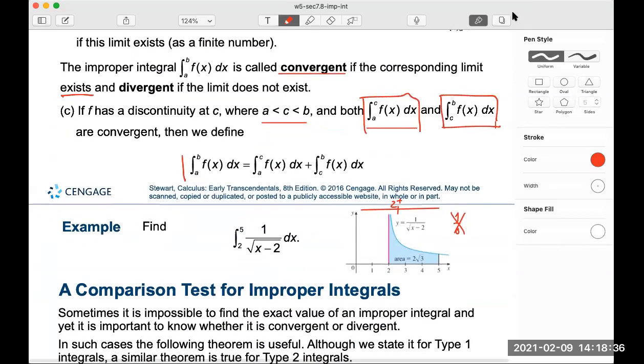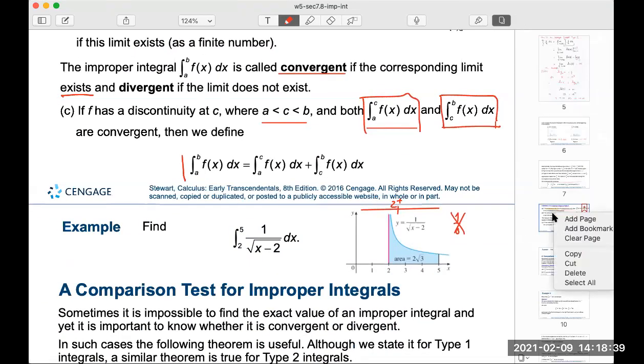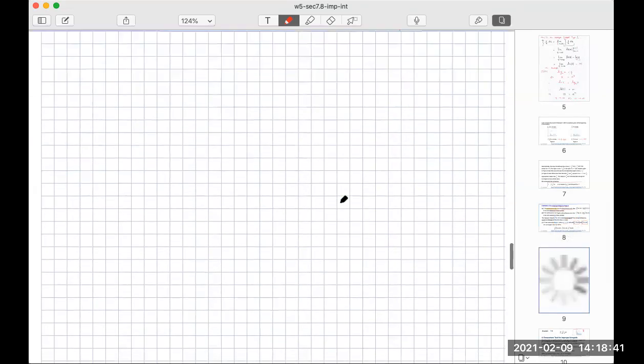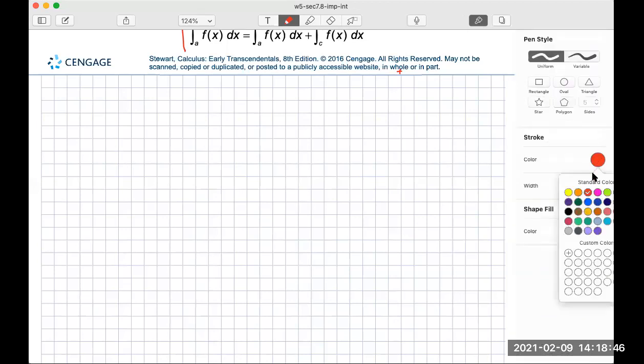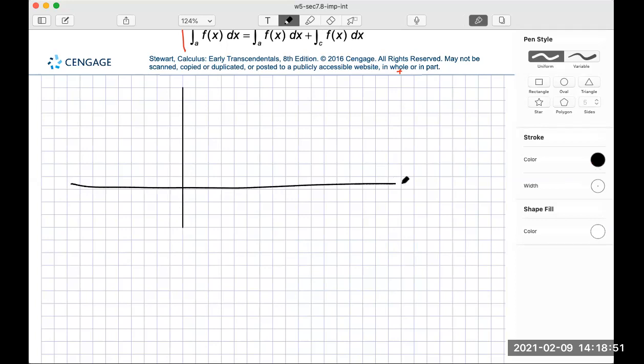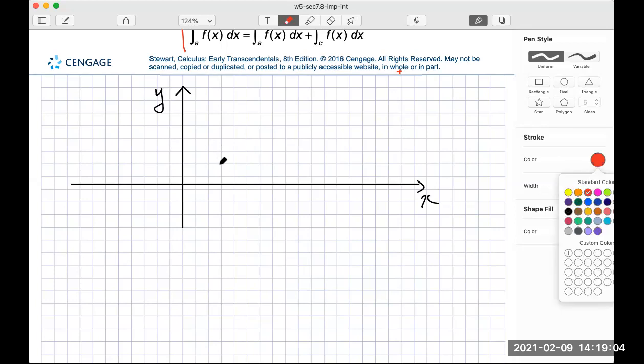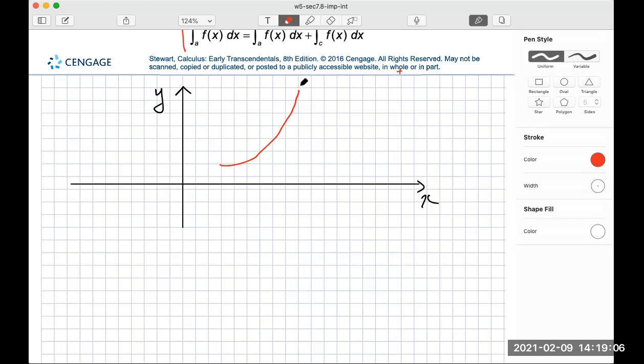The idea is that, if this is the x-axis and this is the y-axis, and the graph of the function, for example, is like this, it goes to infinity and then decreases like this.